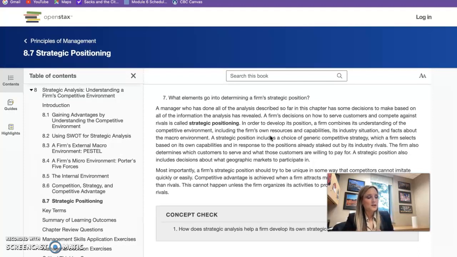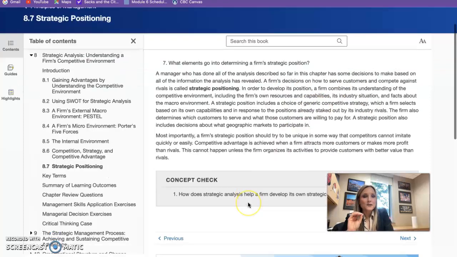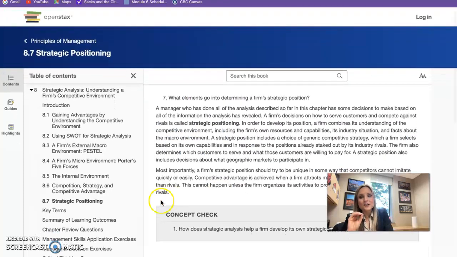One thing I'm going to mention to help bring it all in is that your book talks about the VRIO, which I sometimes call the VIRO. You will need to know this for your quiz. It's an acronym, a tool used to assess resources and capabilities. I talked about resources and capabilities a little further up.